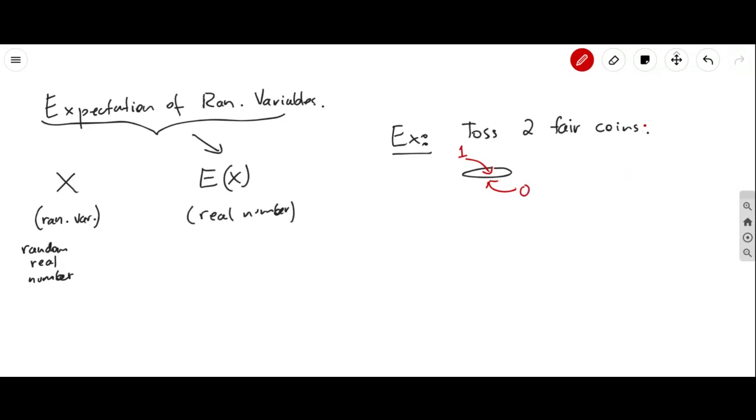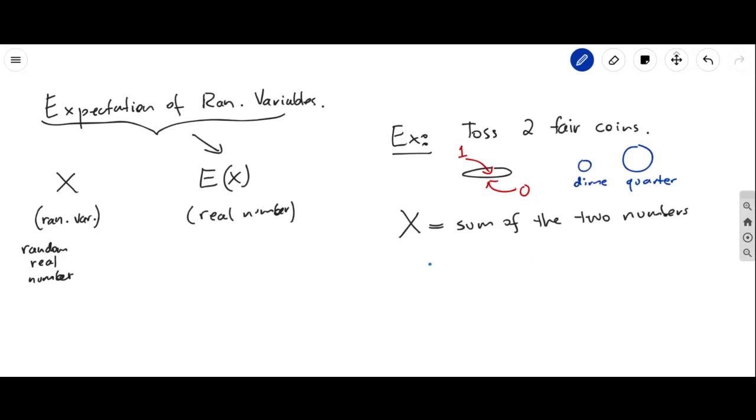So you just call it 1 and 0. And you're going to let X be the sum of the two numbers that you see on both of the coins. To distinguish between the coins, it might be easier to use, let's say, a dime and a quarter.